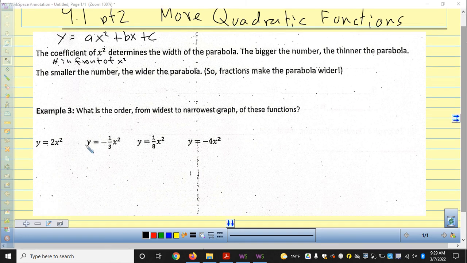So you might see a problem that says, in order from widest to narrowest, we want to put these in order. So the smallest number makes this narrower. Well, this, the 4, that's the biggest number.